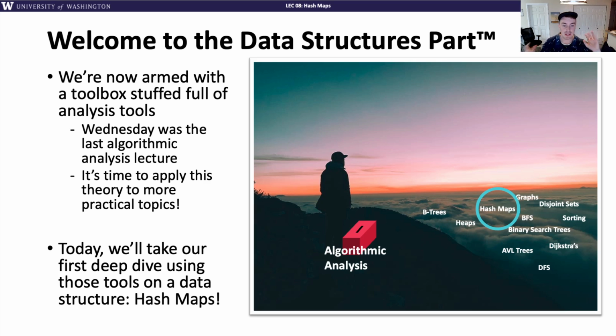But now with these tools, we have a toolbox that's full of different things we can use when trying to understand if a data structure is good in a particular situation or why we'd want this data structure in the first place. So now we're going to apply that theory that we've been practicing for the past 2 weeks in practice in different data structures and see how we can compare them. And so our first deep dive is going to be talking about this thing called hashing and hash maps.